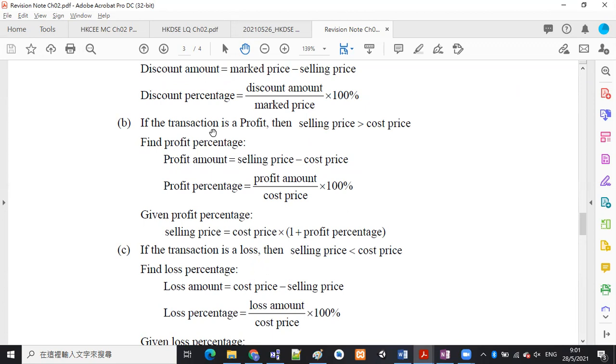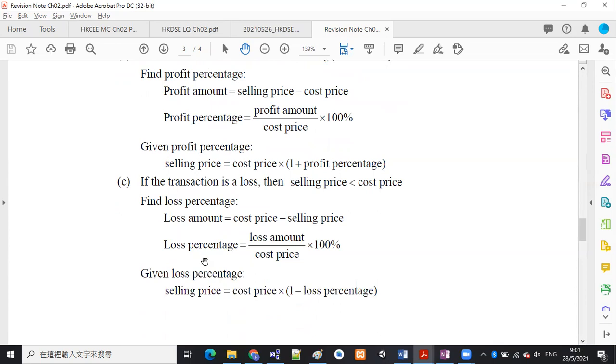If it is given the profit percentage, then we will set up the equation using this line. Similarly, if the question asks you to find the loss percentage, we do the calculation following these steps, and if it is given the loss percentage, we start with this line.